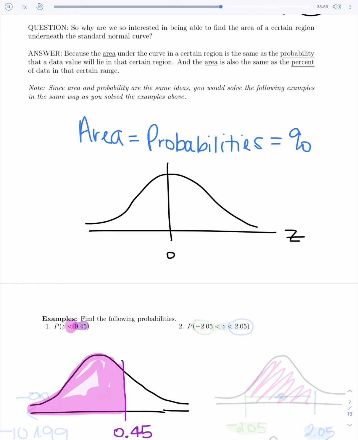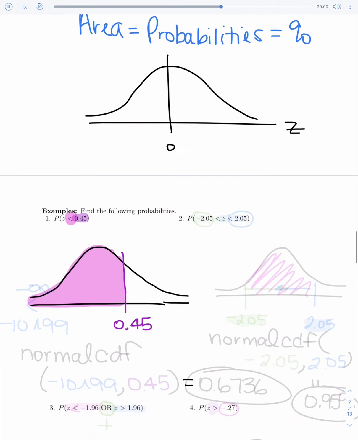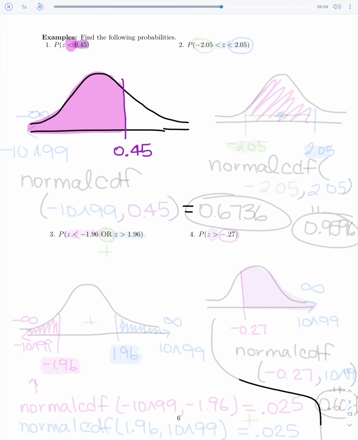So even though they asked me for a probability, we're still going to do what we've done the same time, which is find the area. Because again, areas and probabilities mean the same thing. Just like before, if we're going to the left forever, instead of using negative infinity, we're going to use a negative 10 to the 99th.